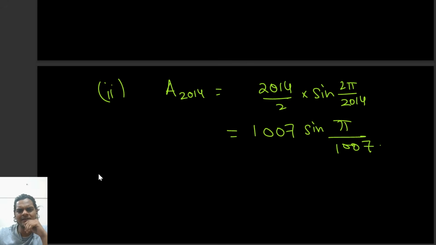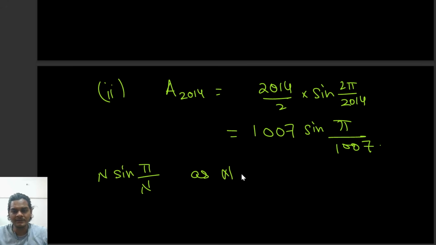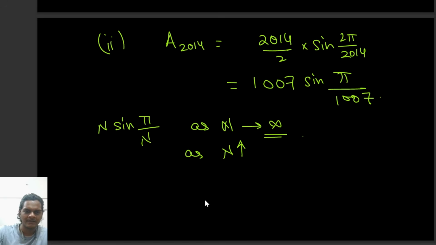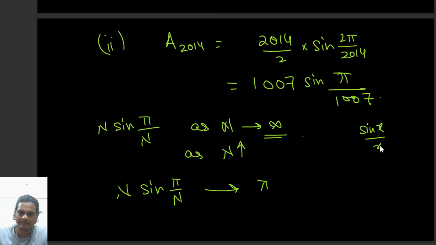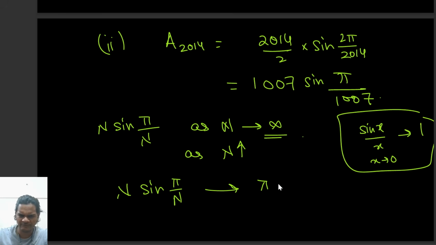Now, if you see n sine pi by n, as n keeps on growing to infinity, as n increases, n into sine pi by n keeps on tending towards pi. This follows from the basic limit, sine x by x, as x tends to 0, tends to 1. I hope everyone is recognizing that.